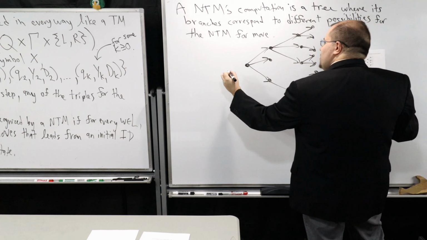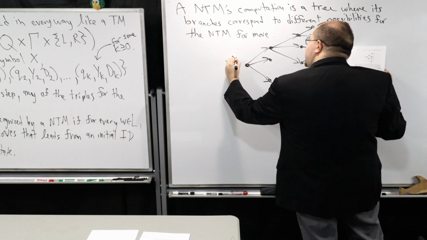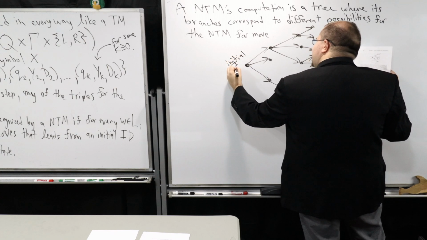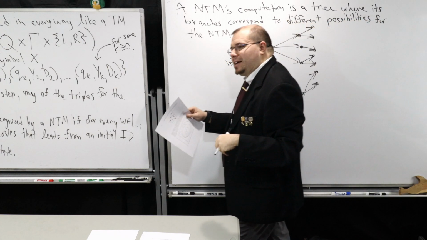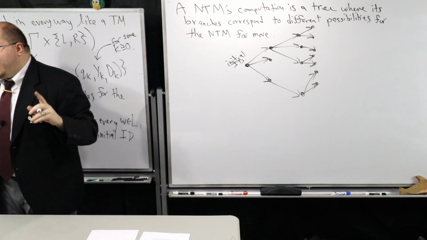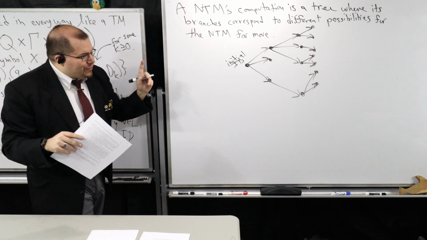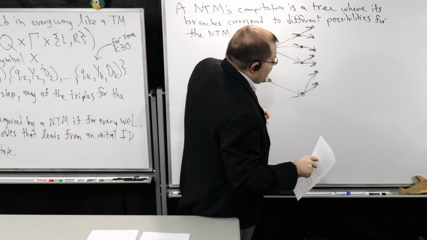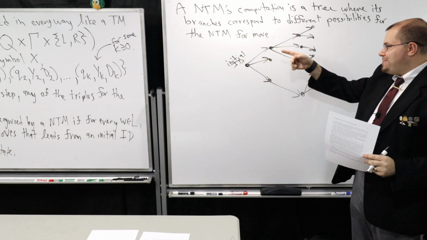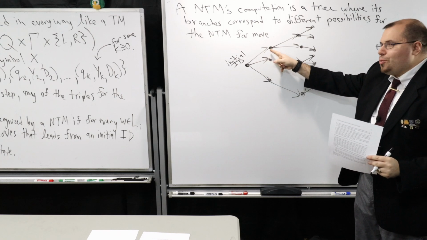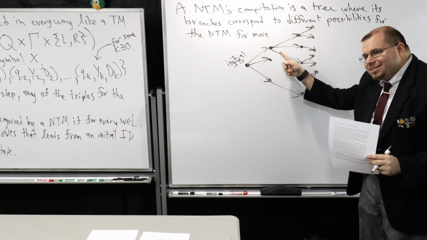Okay, so when the Turing machine starts up, it starts off with its initial ID. That corresponds to the tape at the beginning. And then whenever it makes a move, there's a couple ways you can think about it. You can think of it as it picks one of those triples, causing it to go down one of these pathways. So it branches.